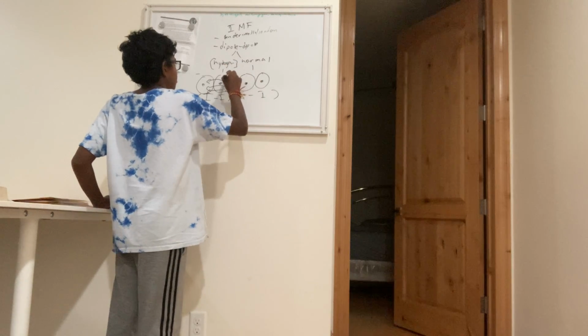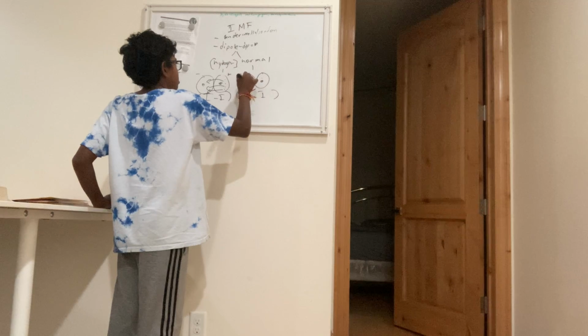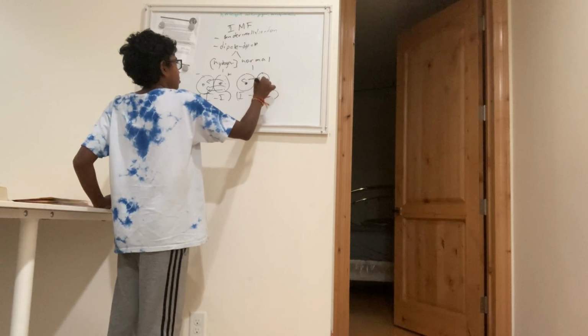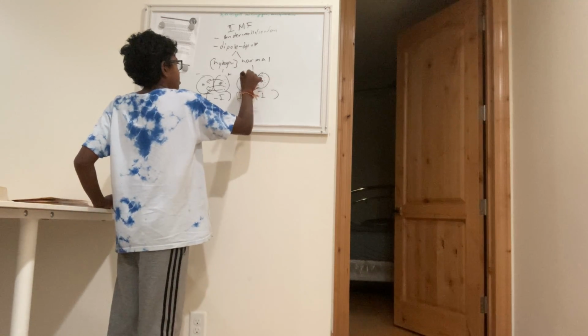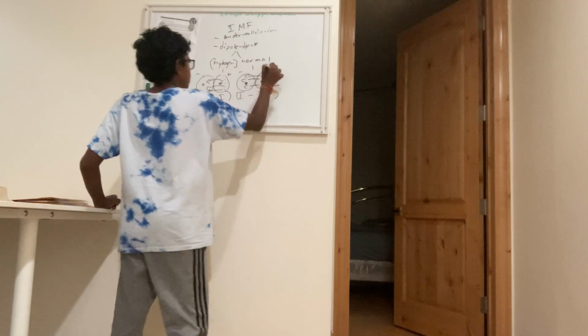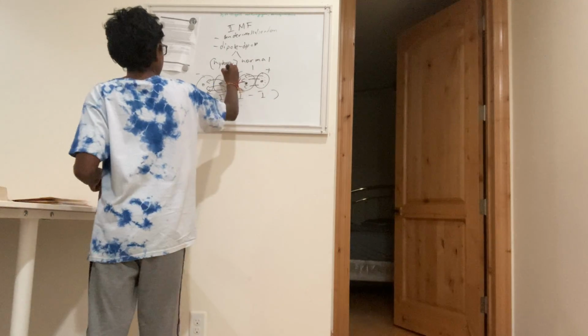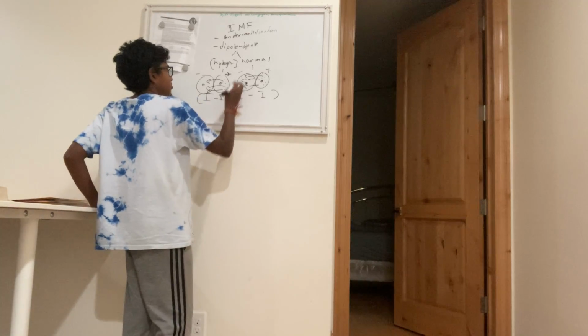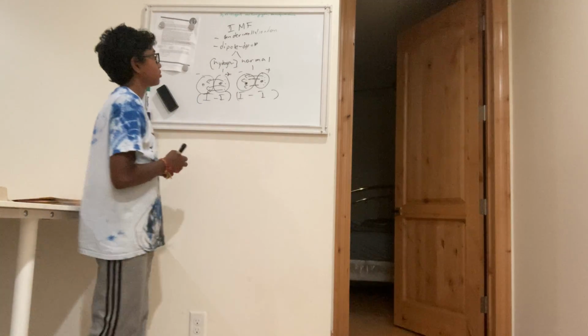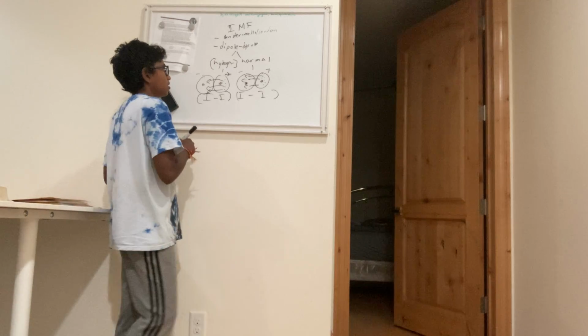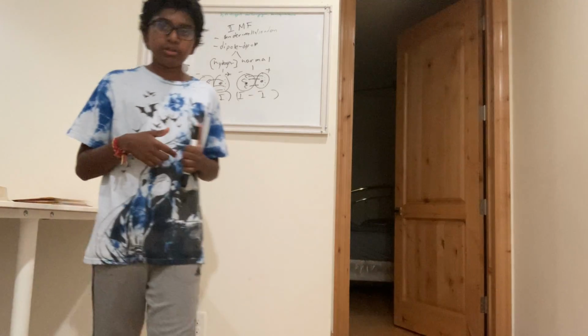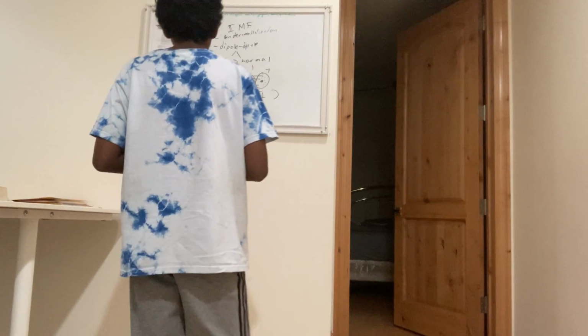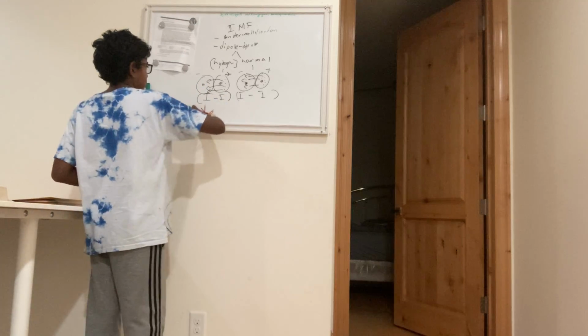Since this is positive, the electrons on this side will be attracted this way. This side will become negative, and this side will become positive. That's what a van der Waals force basically is. But these aren't very permanent, and these are kind of weak too.